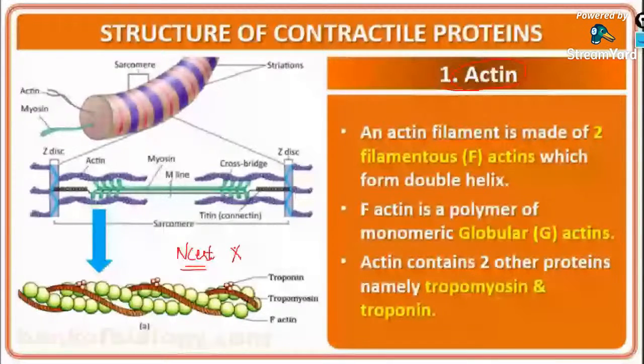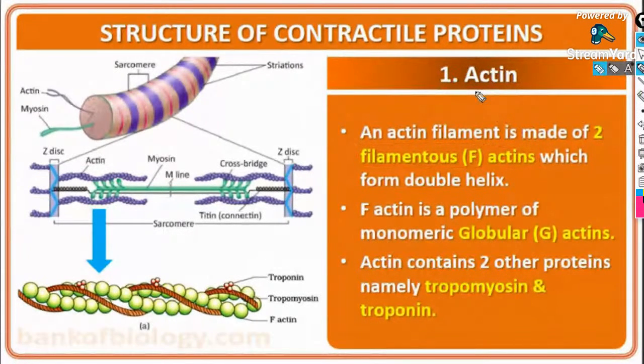Actin is a polymer of two F actins, which form a double helix structure. F actin is a polymer of the monomeric globular G actin.